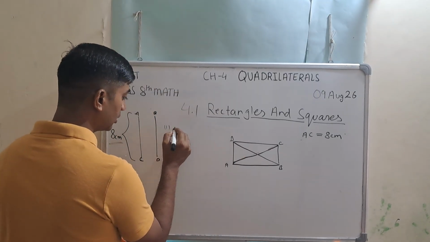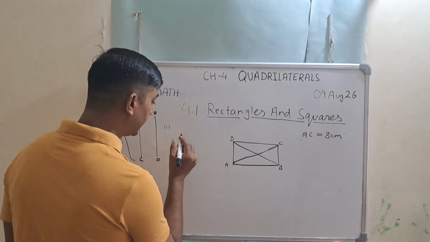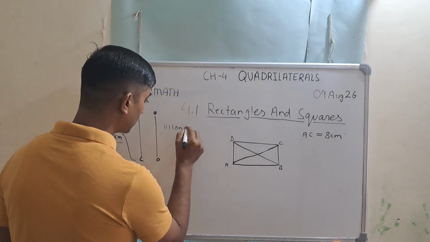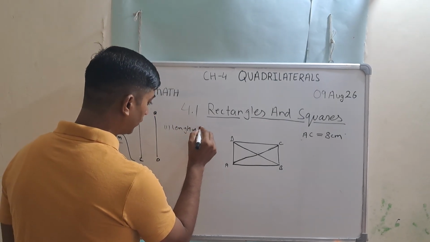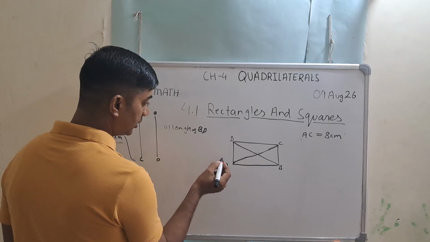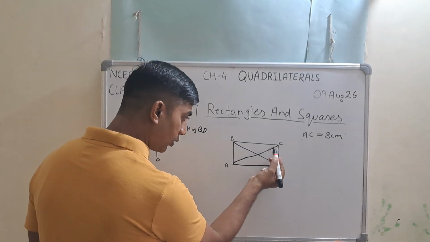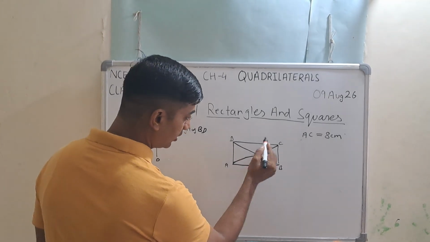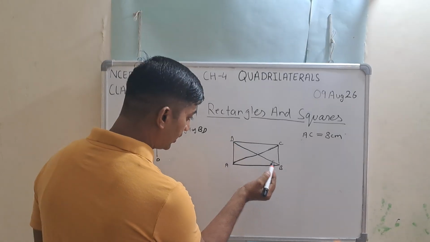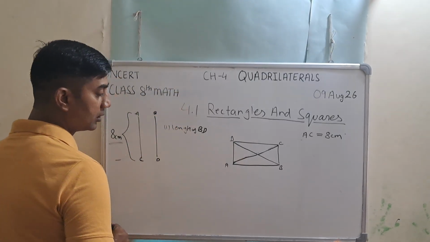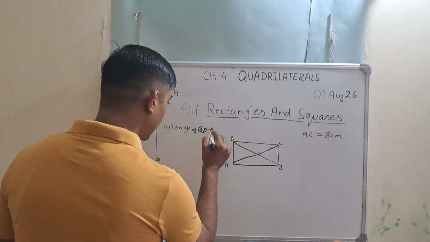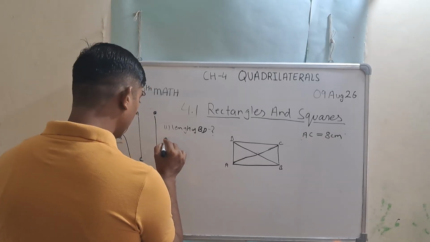Number one, the length of BD. This we have not actually drawn; we have drawn only AC and a rectangle, and we have connected simply BD. This we have to conclude.